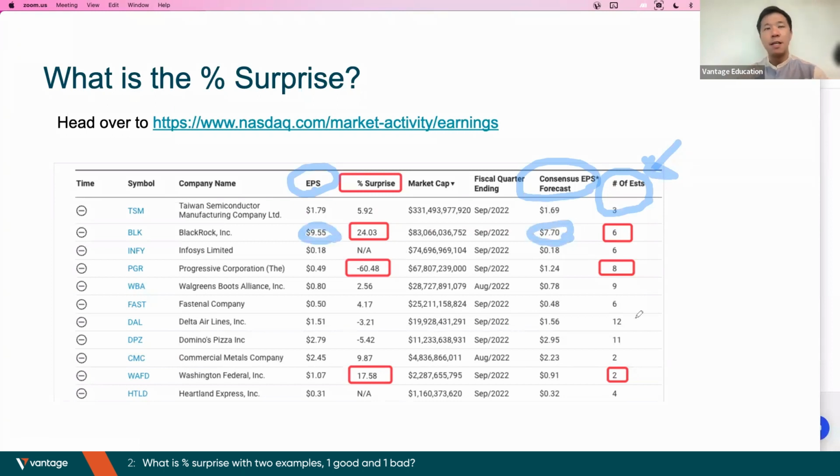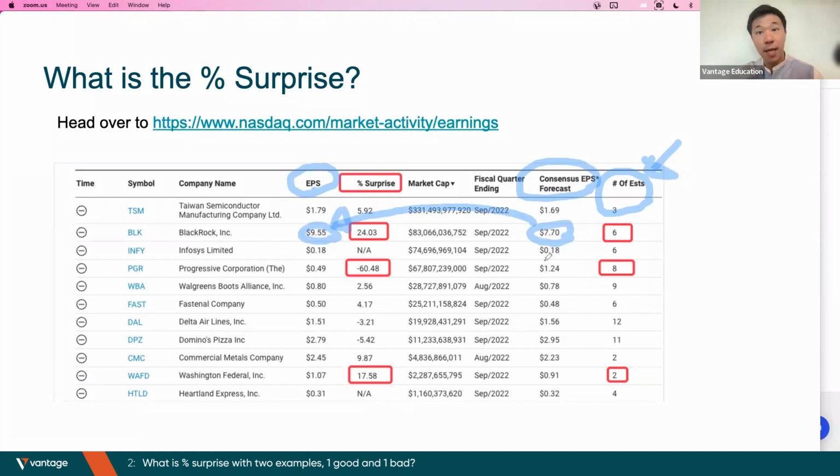Now remember, a percentage surprise can be positive or negative. In this case, when the forecast is lower than the actual earnings per share, it's a good surprise. The market is like, awesome, that's good news. The surprise is positive.